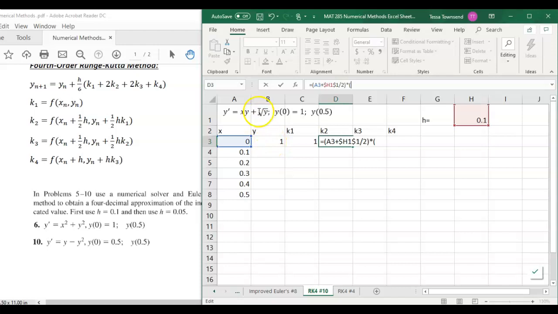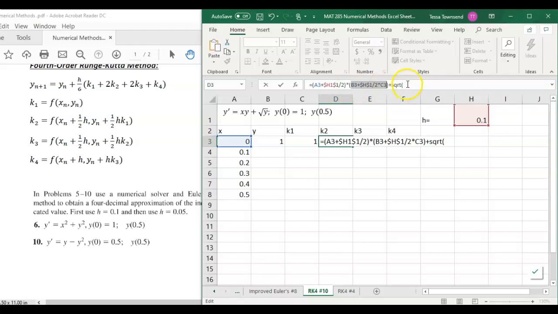So our y, I'm plugging it into this y. It's y plus the step size divided by 2 times K1. So y plus half of the step size times our K1. So this says the x times y in this format. Plus, now we got to do the plus square root of y. So plus square root of y, and our y was all of that fun stuff.